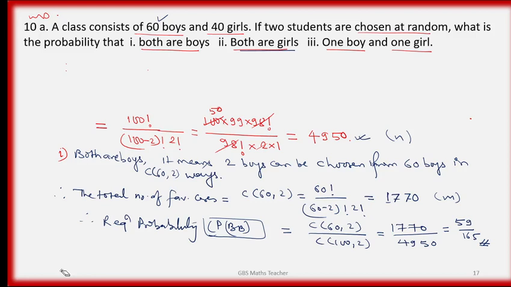I will do that in a short way. Both are girls is the required probability of the second case. See how many girls: C(40,2) over C(100,2) equals, I have calculated this, 26 over 165.